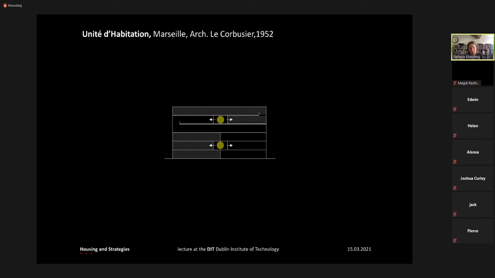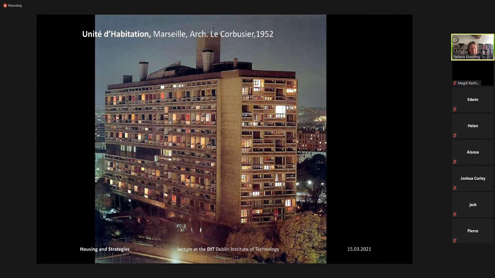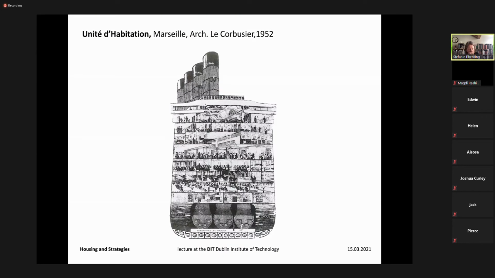You have an inside corridor just every 3 levels. So it's a pretty clever system, and he also gets light into the apartment from 2 sides. I hope everyone knows that example, so I will go over it really quickly.